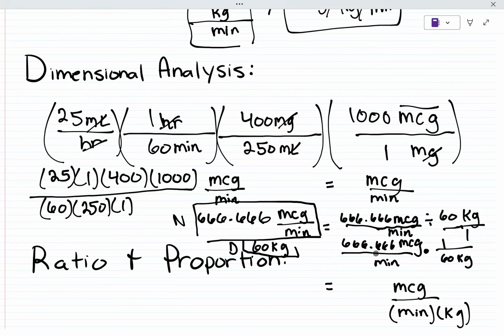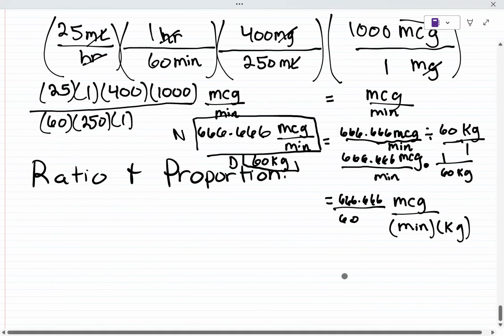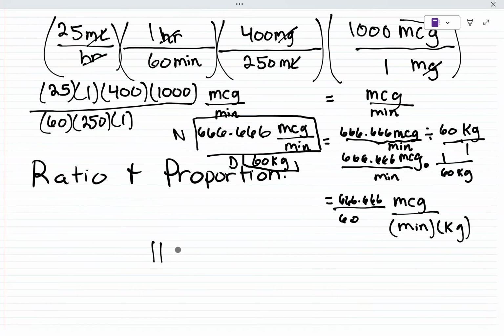So then you do the algebra, it's 666.666 over 60 kilograms. And when you do the algebra, you're going to get 11 point something, but they want it rounded to the nearest whole number. It's going to be 11.